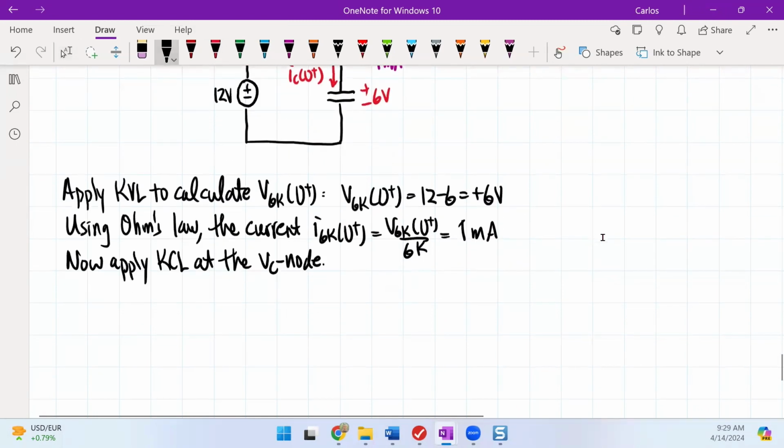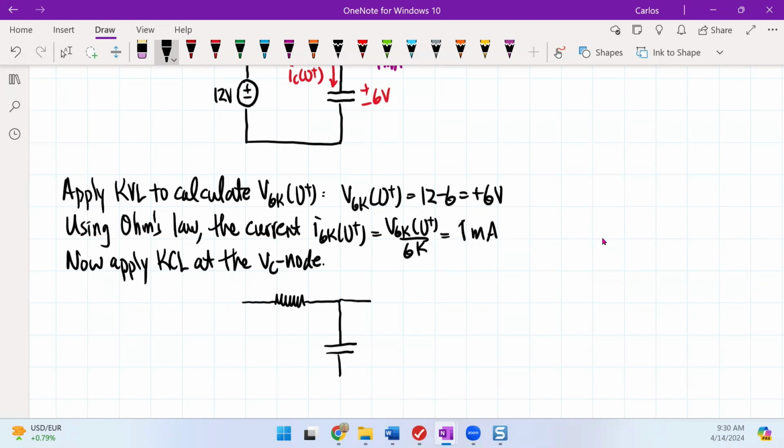So again, drawing this out, we have the 6K resistor, we have the capacitor here, and then we have the inductor. So I know that I have 1 milliamp coming this way. I know that I have 1 milliamp coming this way. So the only conclusion we have here is that IC of 0 plus must be 0.